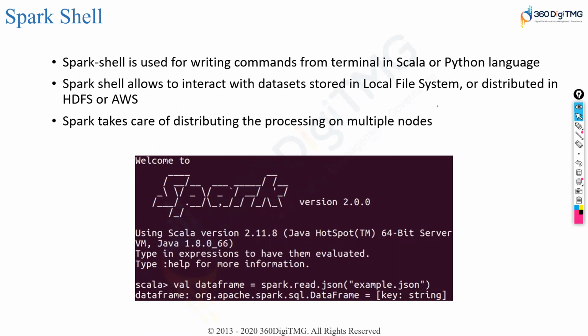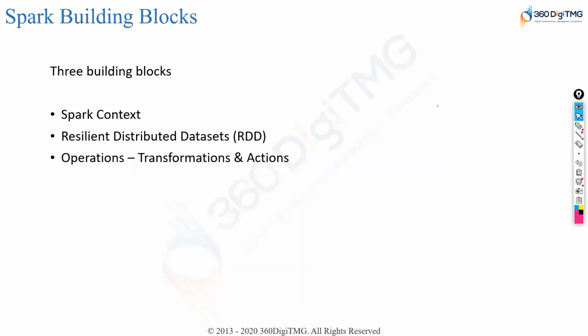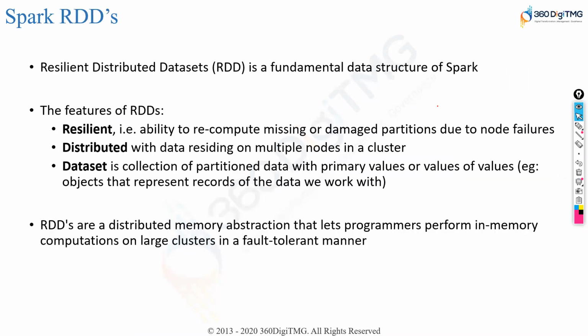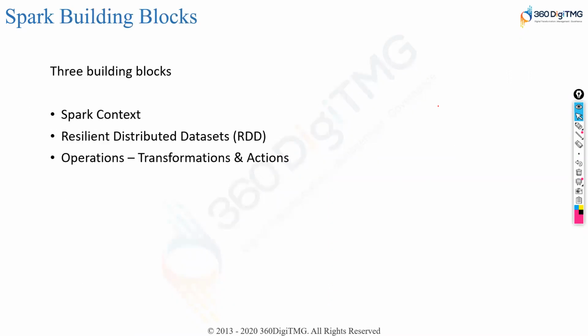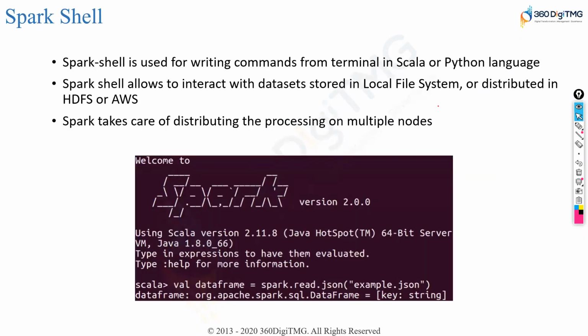Then we have Spark Shell. And then we have these building blocks. I'll talk about building blocks later, but this is the interface. Spark Shell is the interface. Like in Linux, we have terminal, right? When you want to type something in Linux, you type it in terminal, right?